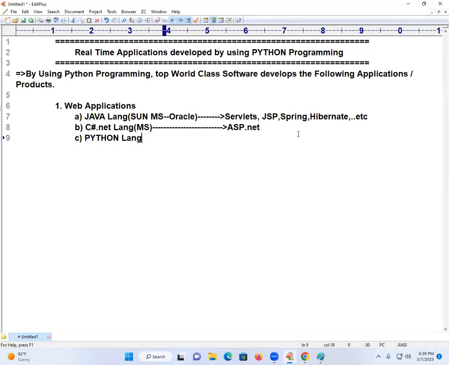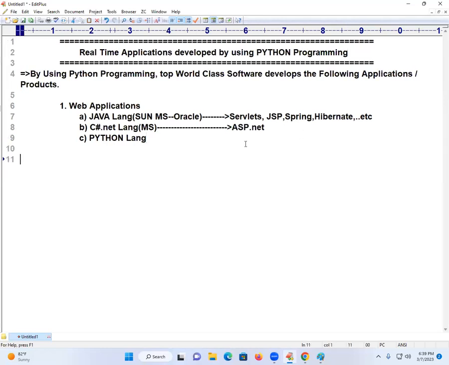Take one immediate requirement in our websites. Everything you need to listen carefully, because explaining to students who already have knowledge is different, while explaining to those who don't have any knowledge is very difficult. That's why you need to listen carefully. Take a requirement: in my website, I want to develop a calendar app.